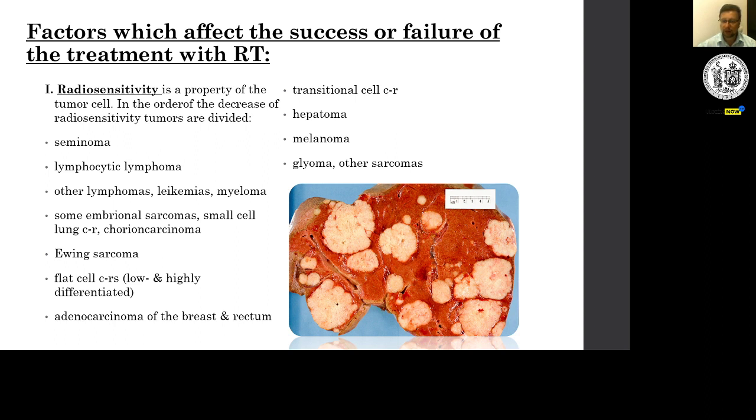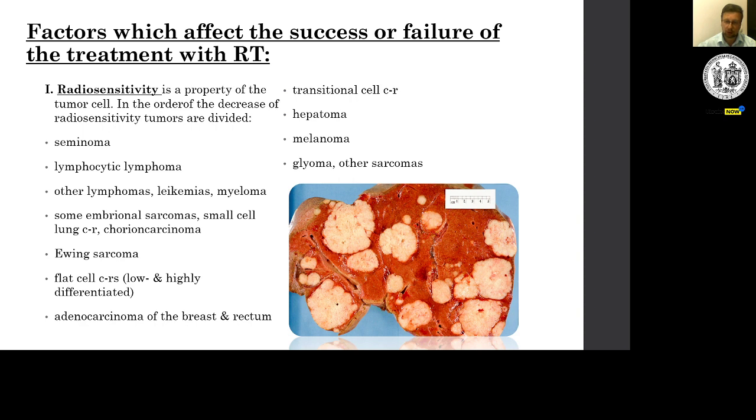We know that there are different types of radiosensitive and radioresistant tumors. Generally, tissues with a high proliferative rate, meaning tissues that divide very quickly, like lymphatic tissue, glandular tissue, bone marrow tissue, and bowel mucosa tissue, have a very high radiosensitivity, and tissues with a very slow rate of division will usually have low radiosensitivity.